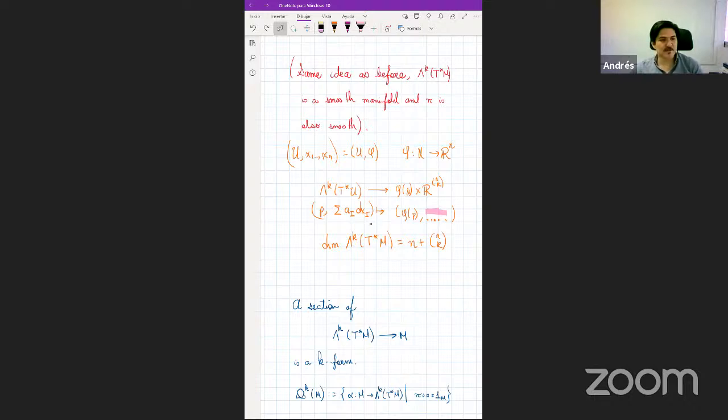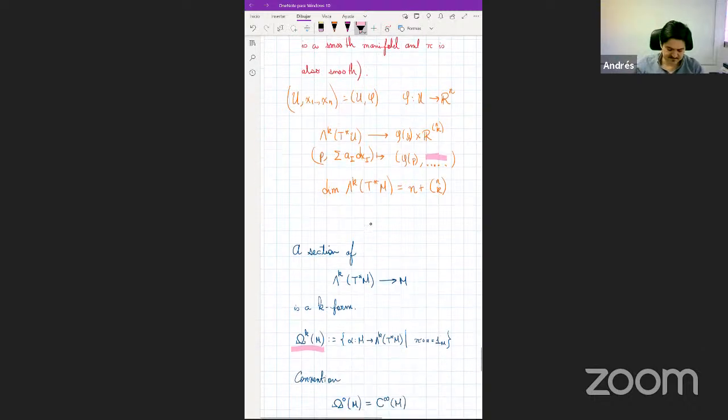And the standard notation of the space of sections, we use this, omega. Okay.